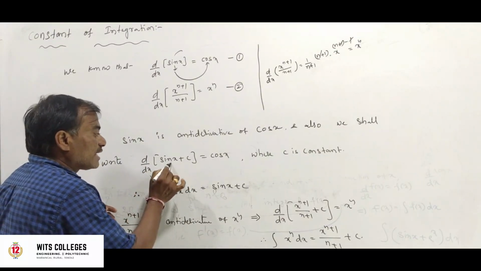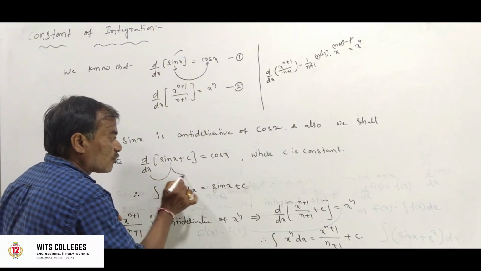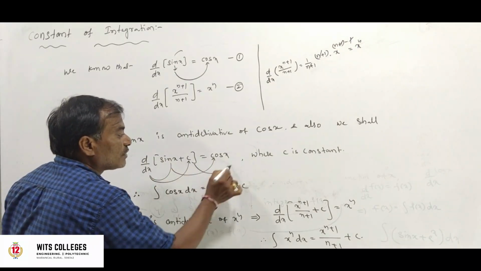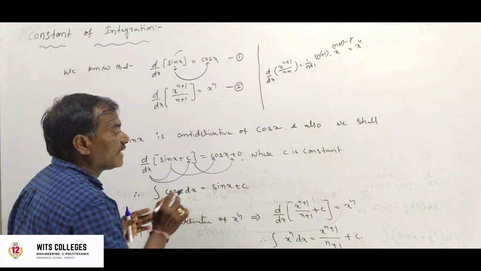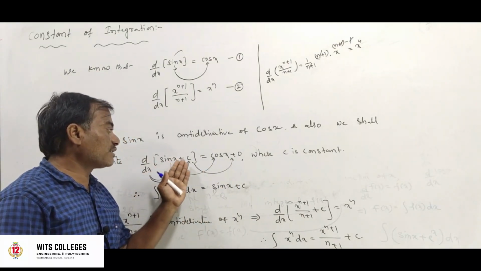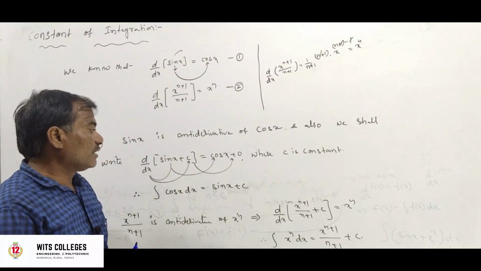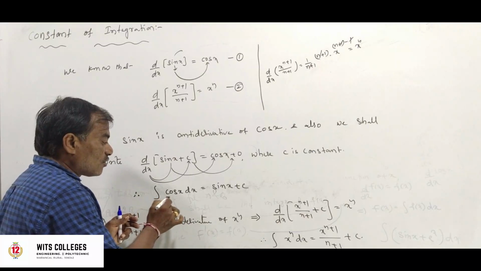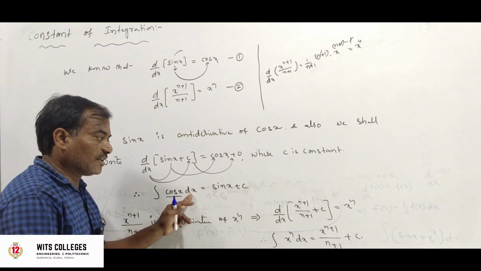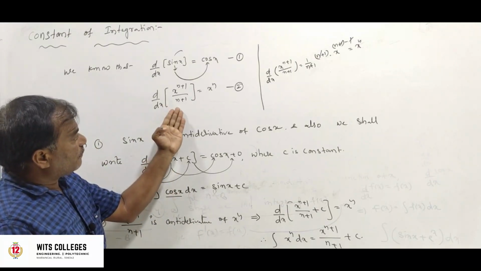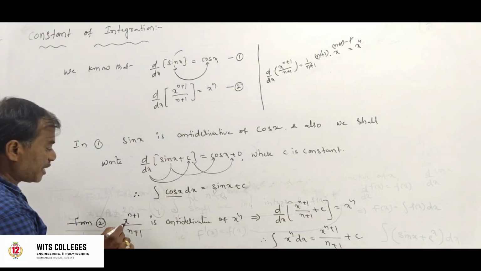The derivative of sin x is cos x, and the derivative of the constant is 0, so finally we get cos x. That is why, for convenience, we can write this as the derivative of sin x plus c. Therefore the integration of cos x equals sin x plus c.